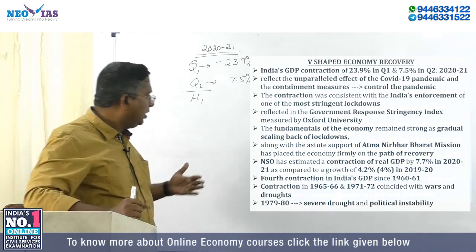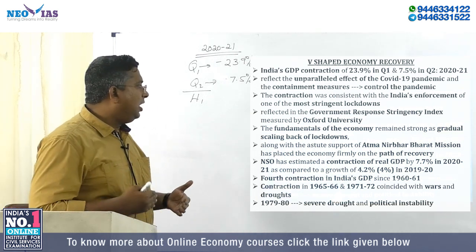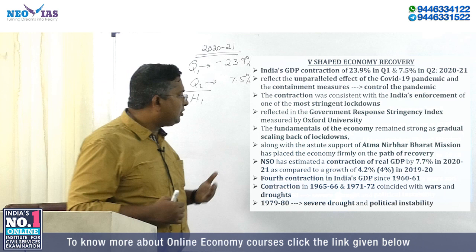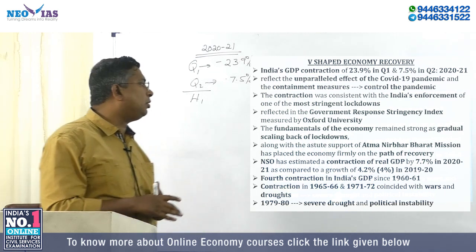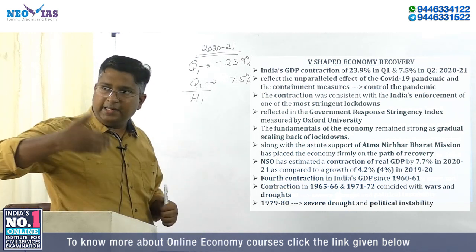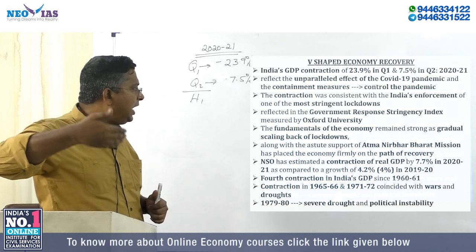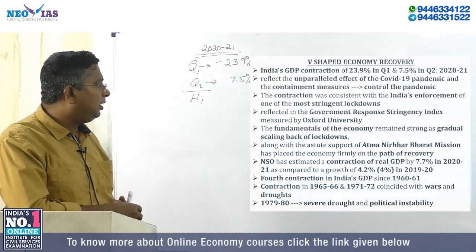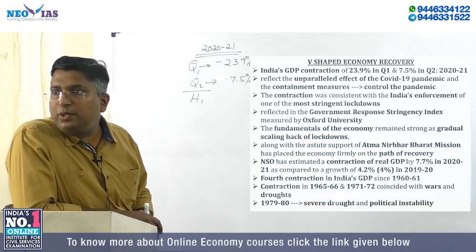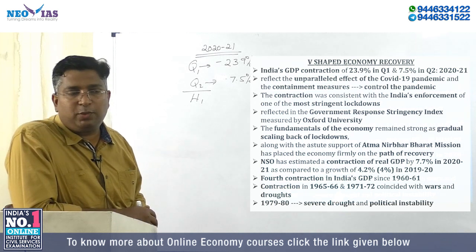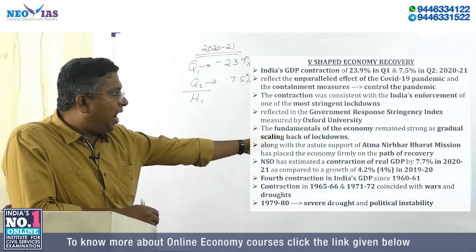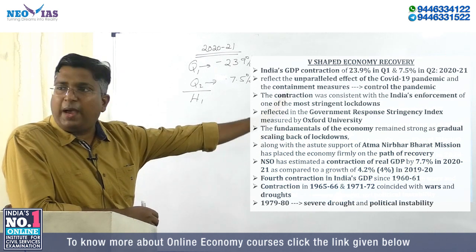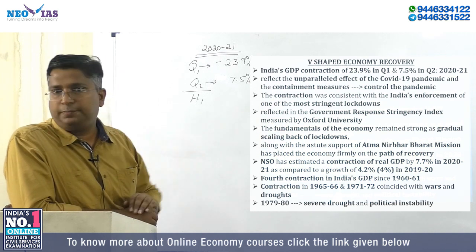But the survey says that the fundamentals of the economy are still strong, and it is reflected as we gradually scale down the lockdown, along with the fiscal stimulus package. What is the fiscal stimulus package? It is named the Atma Nirbhar Bharat package, or Atma Nirbhar Bharat mission.